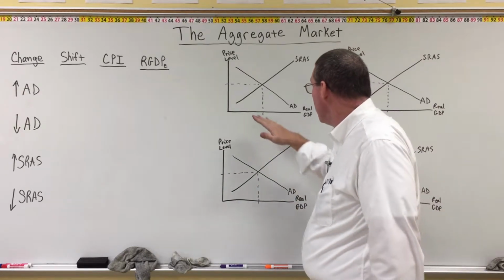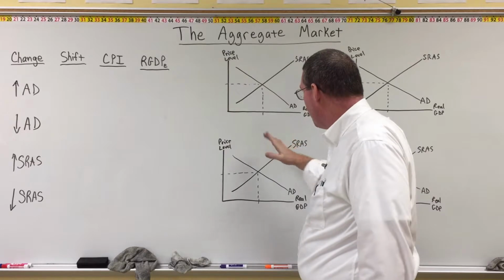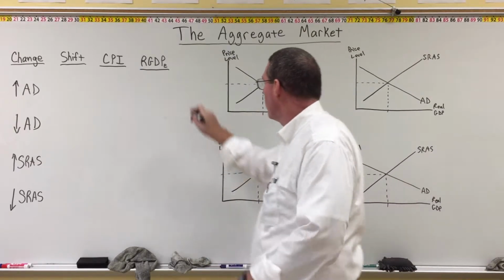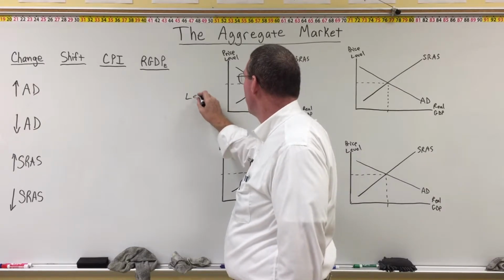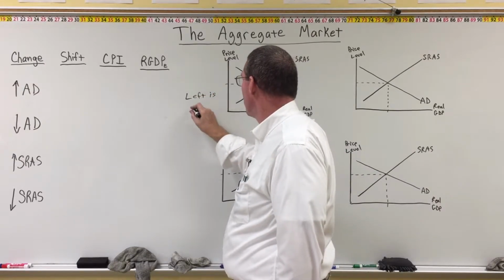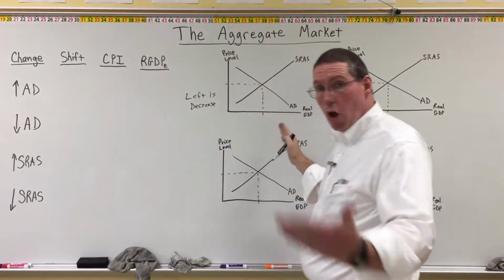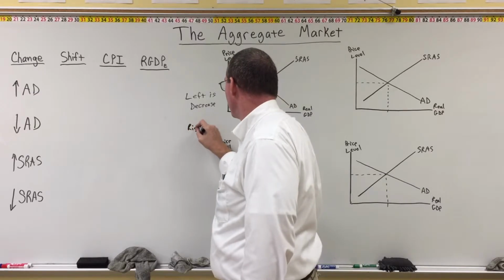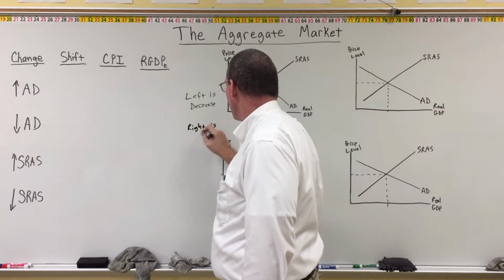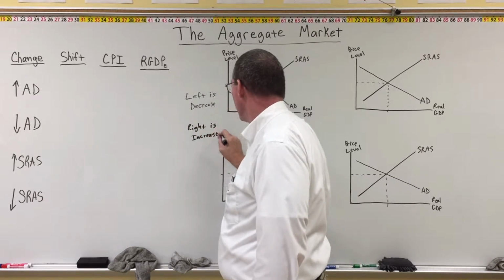Well, mathematically, on a horizontal plane, the way that we draw the coordinate plane in math, left is a smaller number, which means a decrease. And right is a larger number, which means a rightward shift is an increase. I'm reminding you of that because we already did that previously. So rightward shift is an increase.